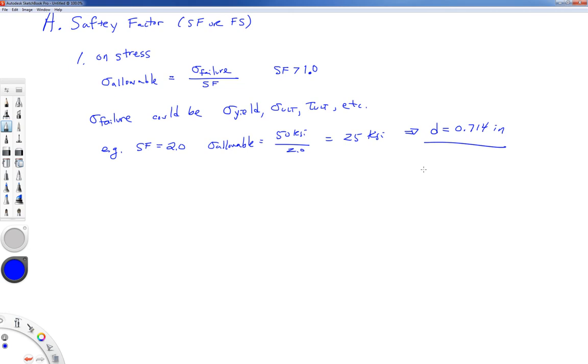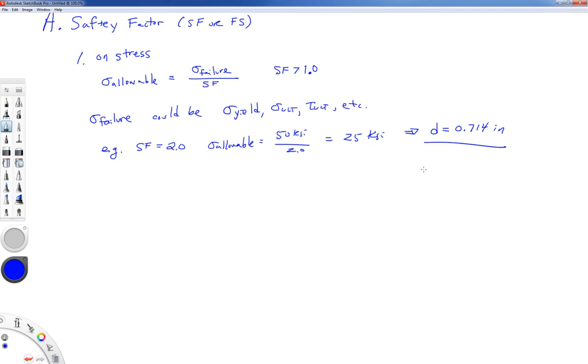Safety factor for a single-use component: an example that I like to give in class is when the space shuttle would fly. It used to have a single-use fuel tank. Safety factor on that, NASA had about 1.3 to 1.4.